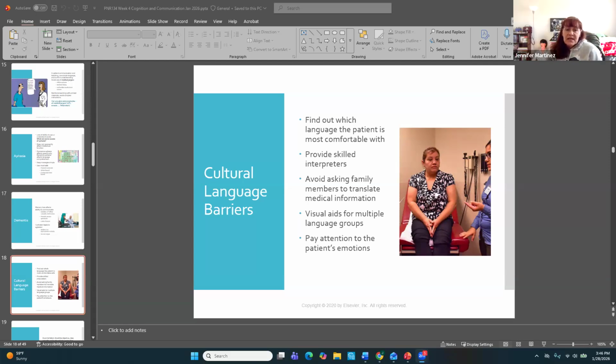And even when using an interpreter, you want to focus on the patient, not the interpreter. All right. So that's something that's a little bit different as well. It just depends. Most interpreters aren't going to be live. Some of them might be live, but a lot of them are usually going to be through the telephone or another communication device.